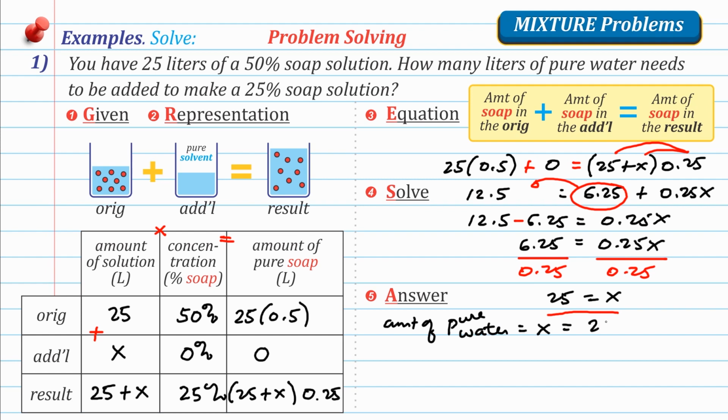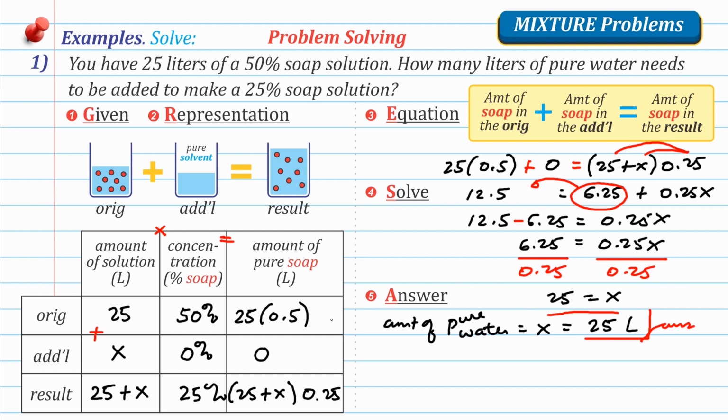However, we already solved for x. It's 25. Don't forget, always write the units. It's in liters. So the answer is 25 liters. We need to add 25 liters of pure water to produce a 25% soap concentration.